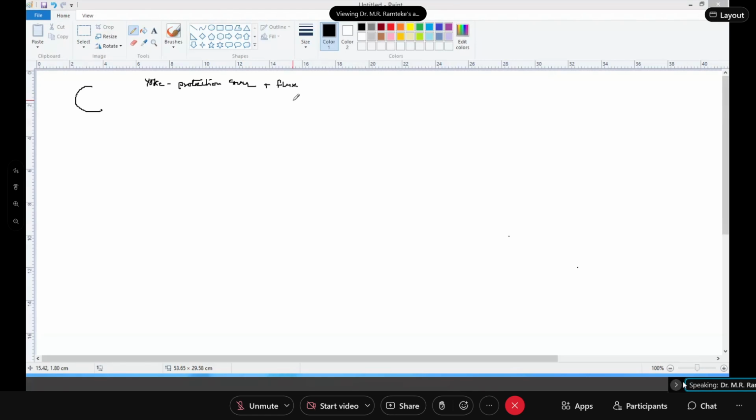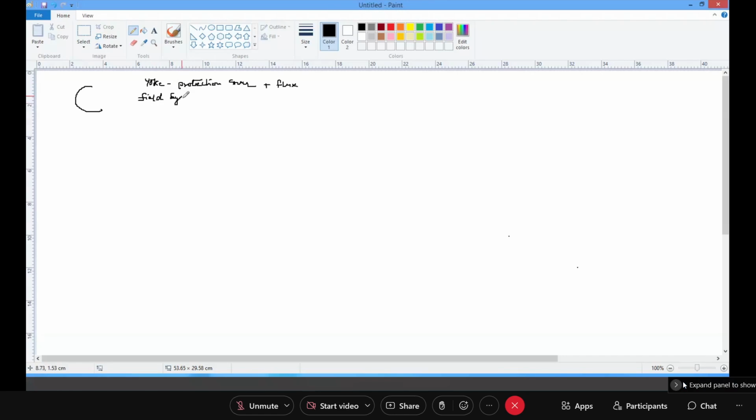that is the field system, which consists of a pole, which has two parts, core plus shoe, and field winding.